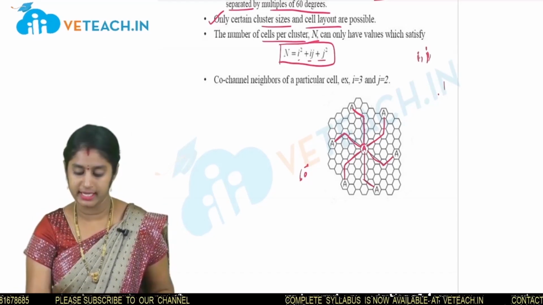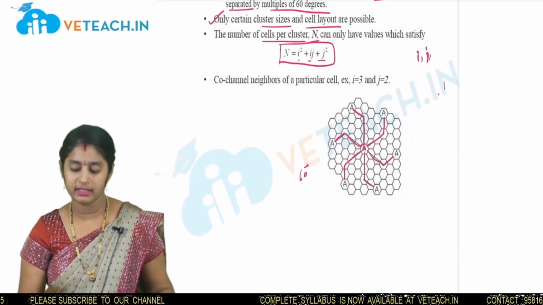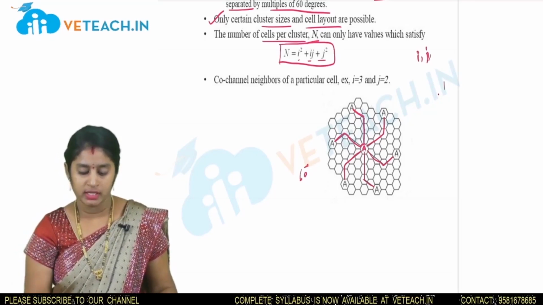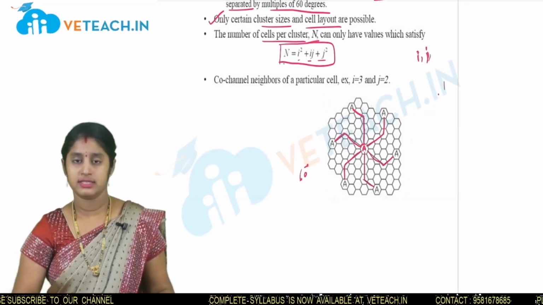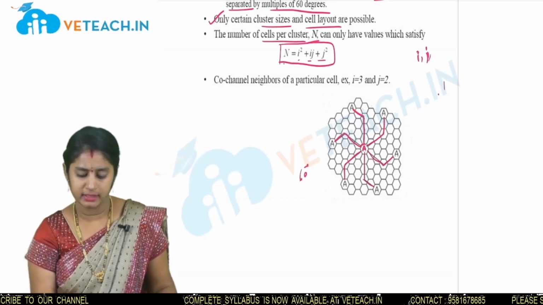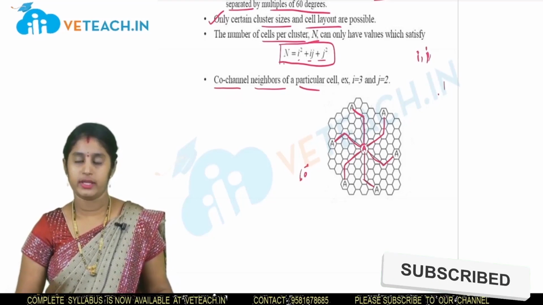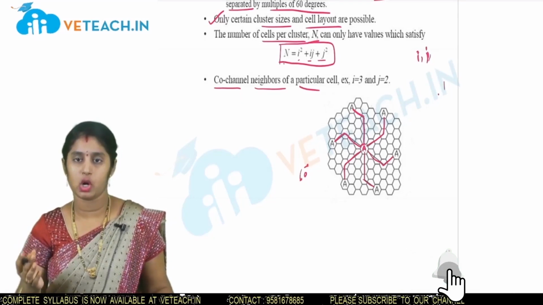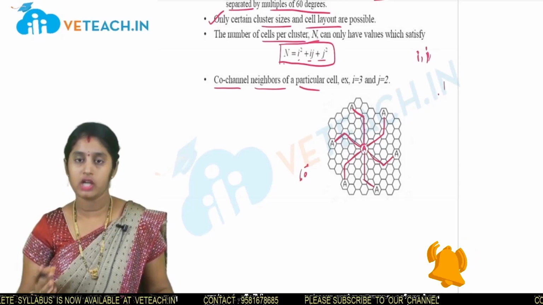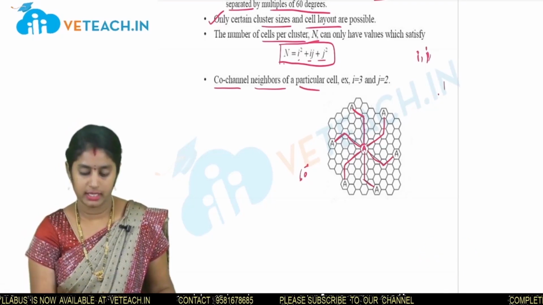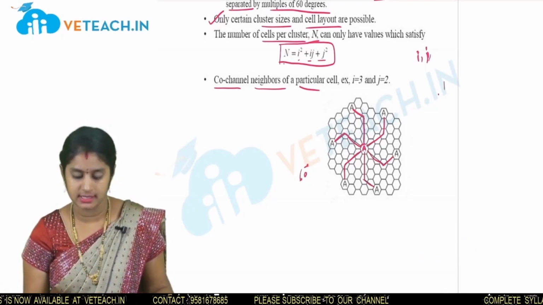So what are the terms defined in this equation? N is nothing but the number of cells, and I and J are the neighboring co-channel parameters. By using the co-channel parameters, we also calculate the capacity of the cell. So, N equals I square plus IJ plus J square.